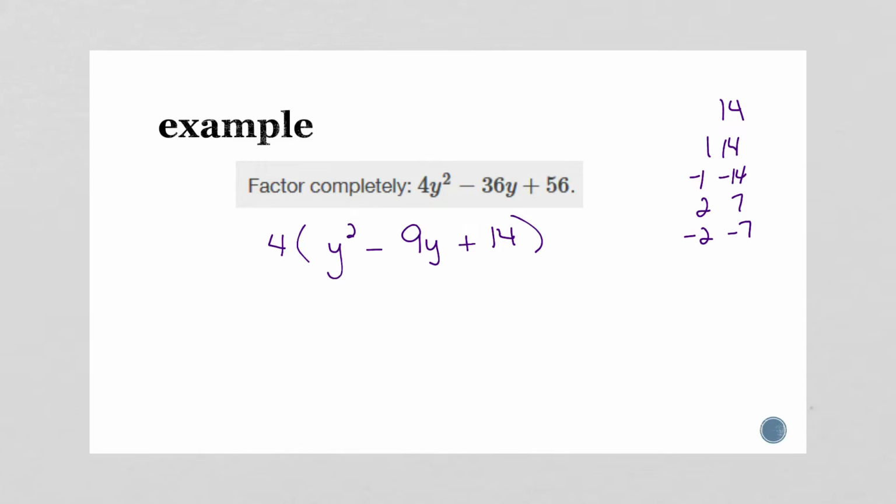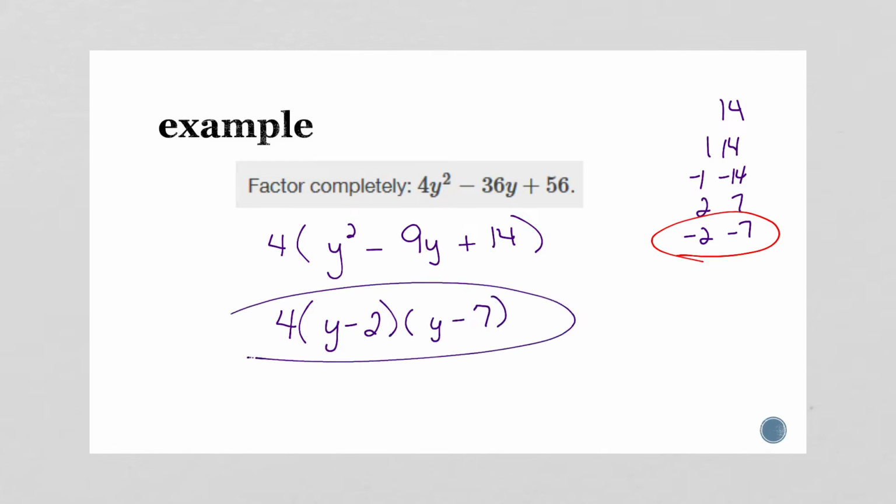Is there a pair that add up to be negative 9? And that answer is, yep, this one. So I know that this right here factors to be these two things. The 4 follows us along for the ride, and then I've got y minus 2 and y minus 7. There we go. We're done.